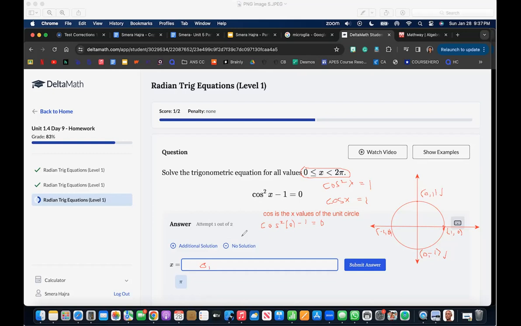I believe that's the only one that works. Okay, for coordinates.